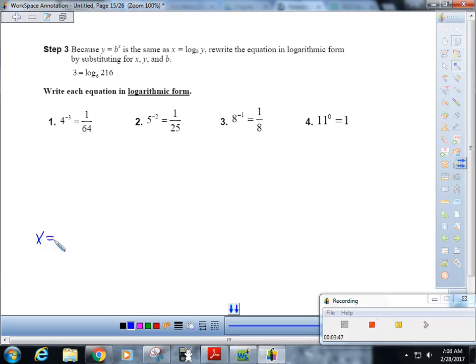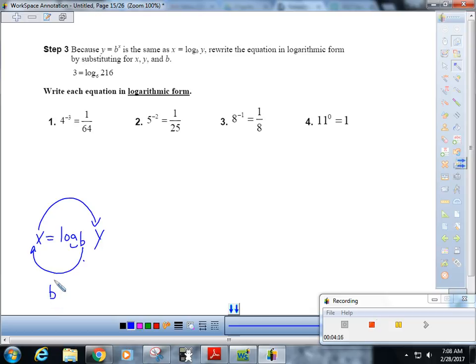If you have x equals log base b of y, and let me make this base a little smaller so you're not confused, and you want to change it to exponential form, you use this little counterclockwise circle. Sorry, clockwise circle. So, what do I mean by that?